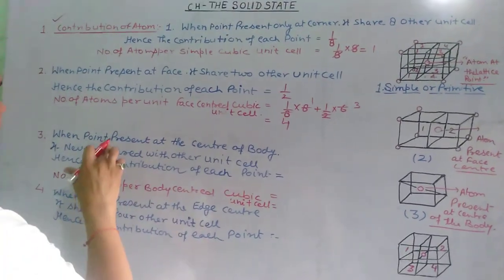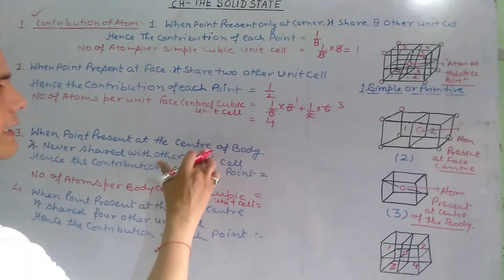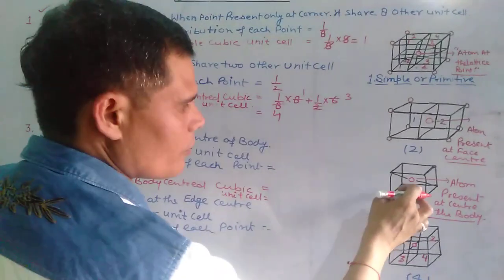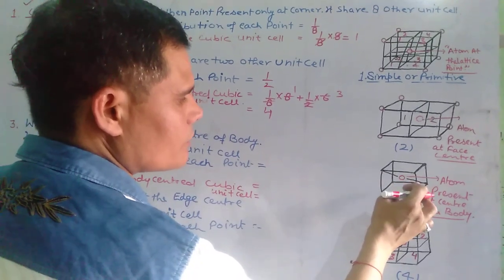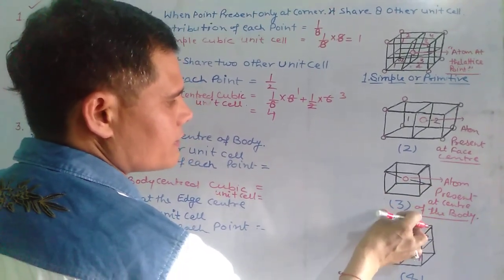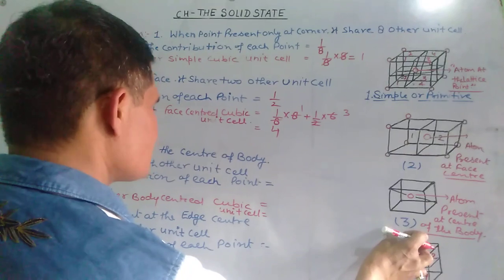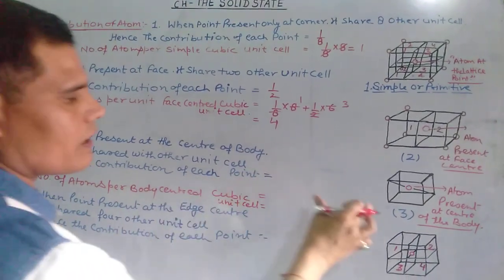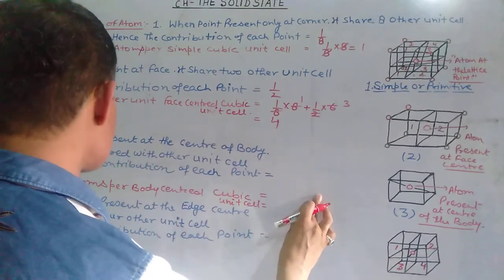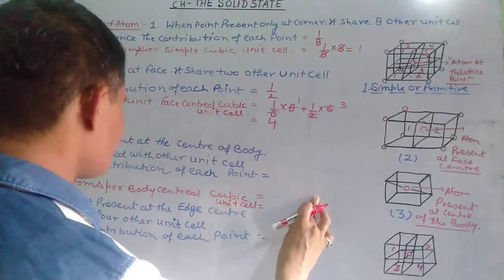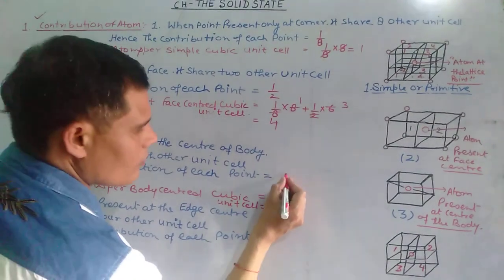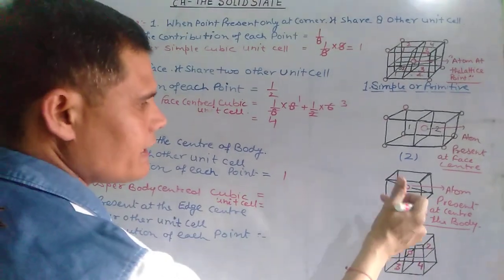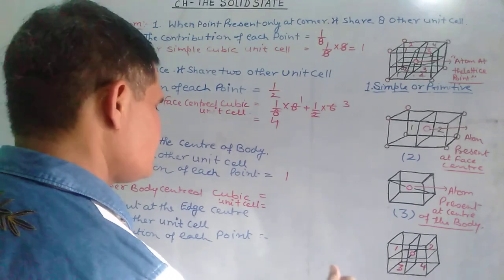Next one, when a point is present at the center of the body, which is represented in the third structure, the point will not be shared with another unit cell. Hence its contribution will be 1, because it belongs only to its own unit cell.